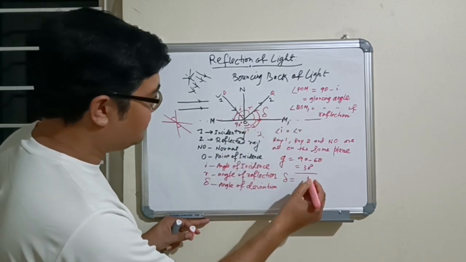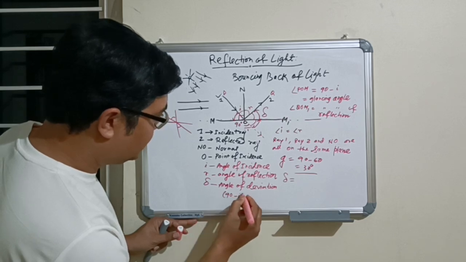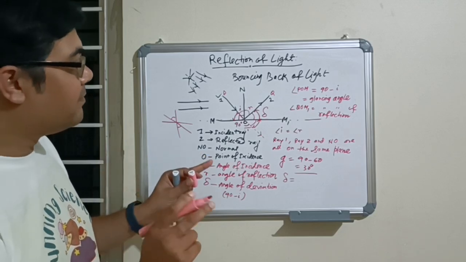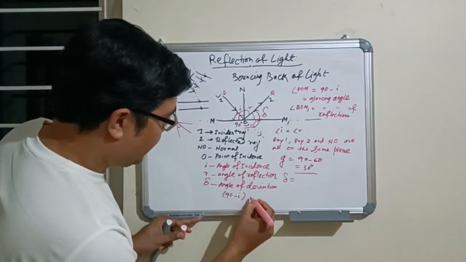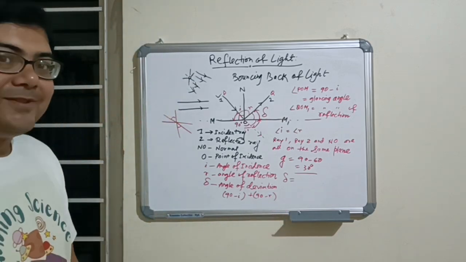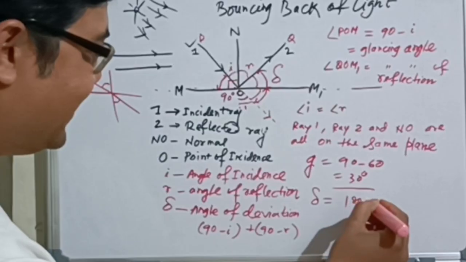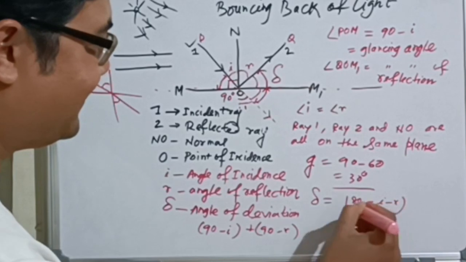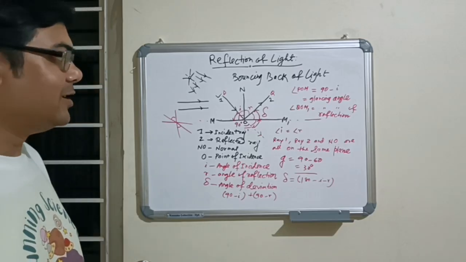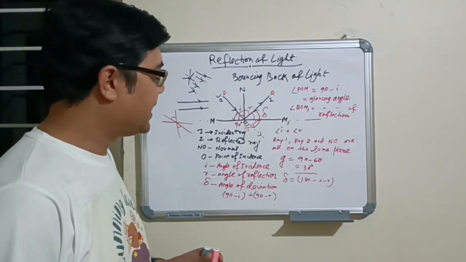It will be 90 minus I. This angle plus this angle, 90 minus r, plus 90 minus r. What is coming? It is coming 180 minus I minus r. This is my angle of deviation. Sometimes numericals might come and you have to calculate accordingly.